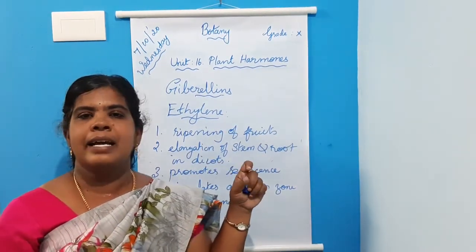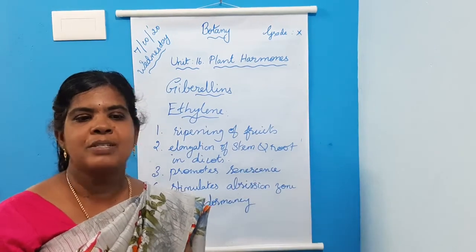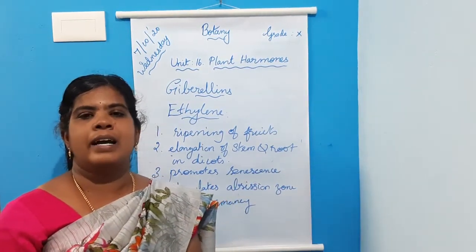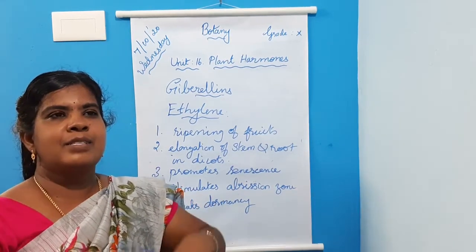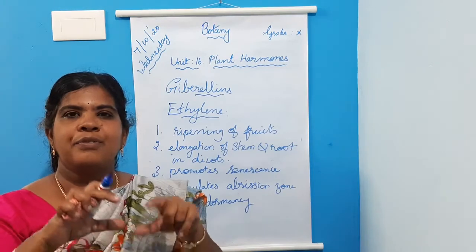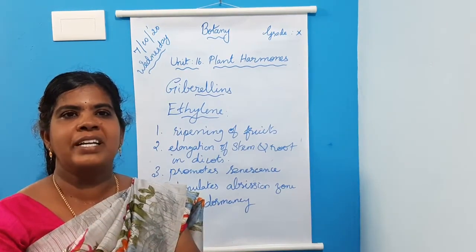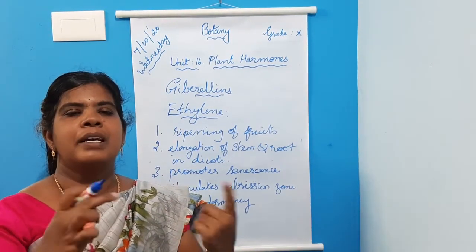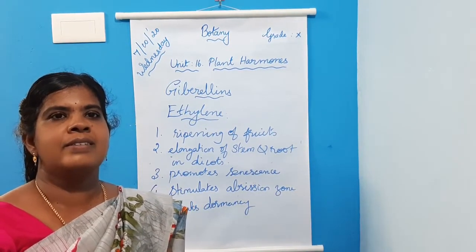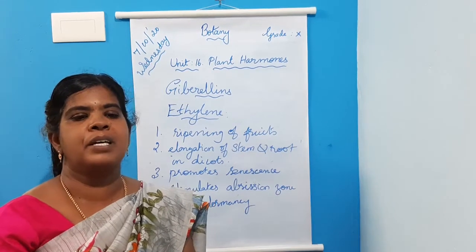Next, ethylene hastens or promotes senescence of leaves, flowers and fruits. If the abscission zone is formed in plants before they attain maturity, the plant parts such as fruits, flowers and leaves may fall from the plant.